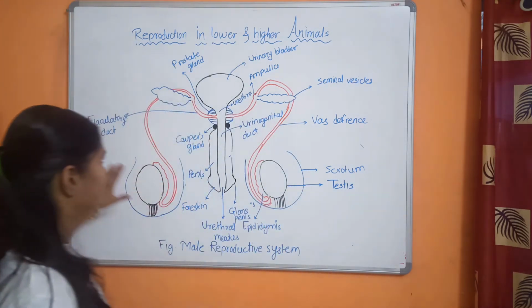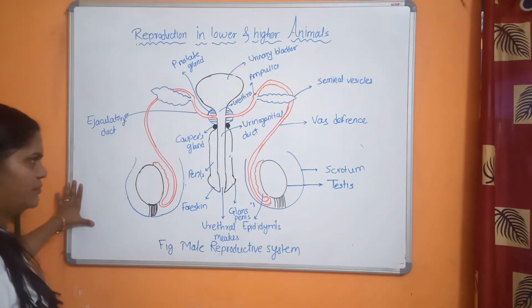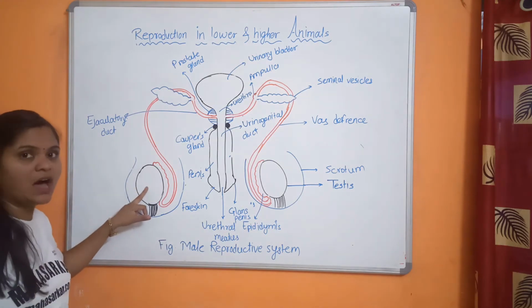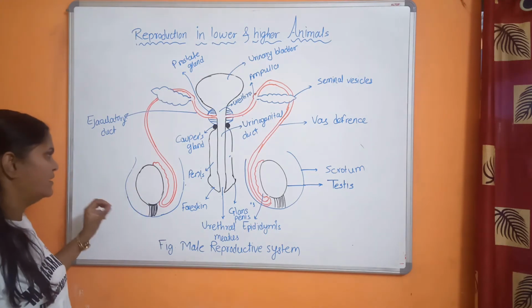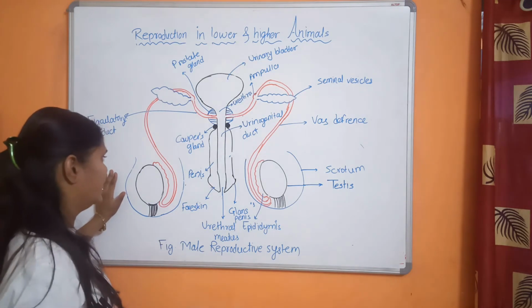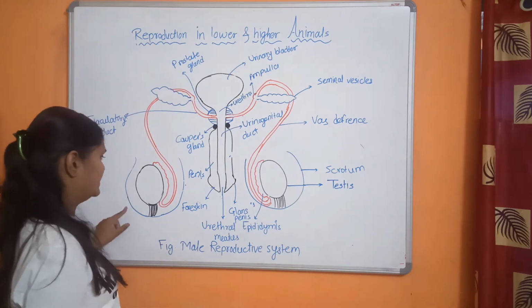So now we discuss in detail the structure of the male reproductive system. We know the testes are oval in shape, and testes are extra-abdominal. They are placed in the scrotum. This is the testes and this is the scrotum.